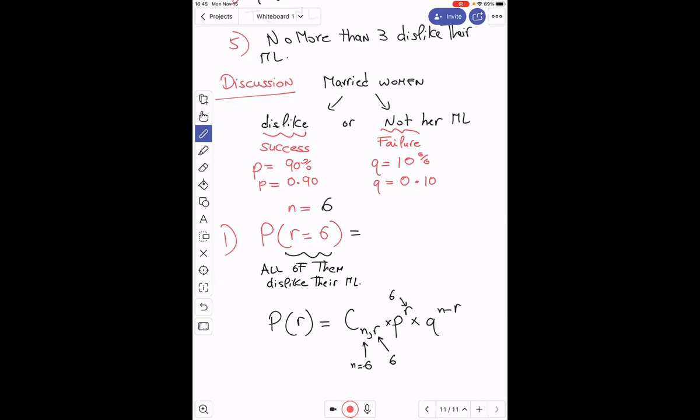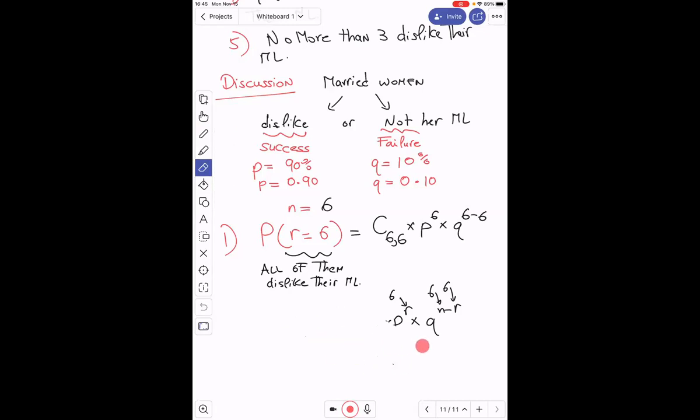So we have 6 choose 6, times the probability of success to the power 6, times the probability of failure to the power 6 minus 6. Again, this is just the binomial distribution formula.